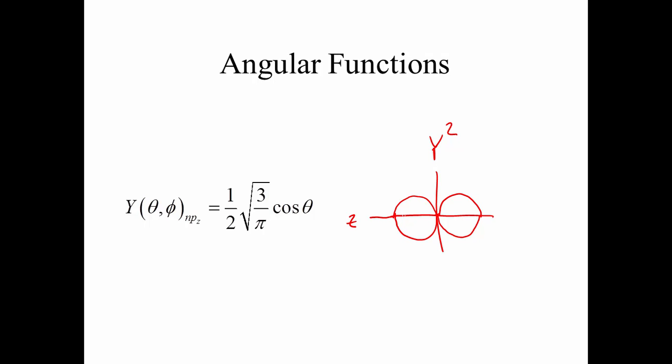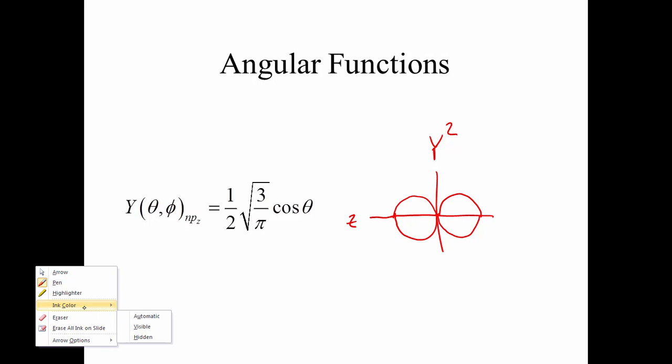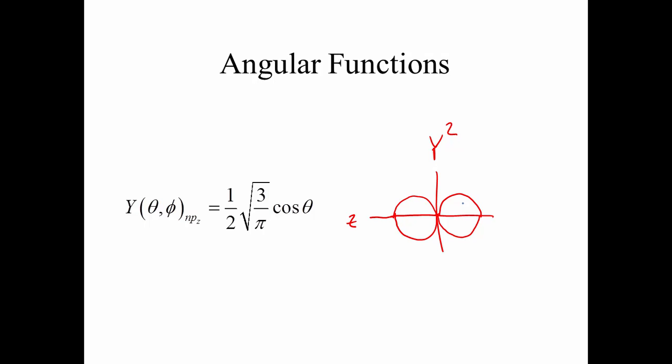We should note that the sign of the function changes, and so this is usually taken into account in graphs or in your textbook by shading or color coding. So we have the positive portion of the wave function, the negative portion of the wave function, and this is the sign of the function here, not the charge of the electron.